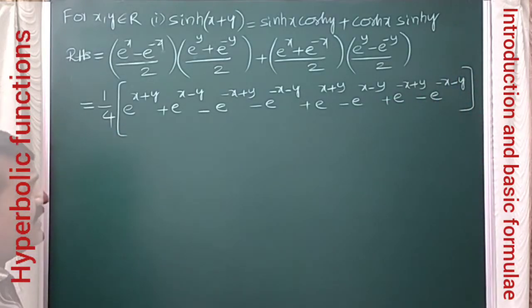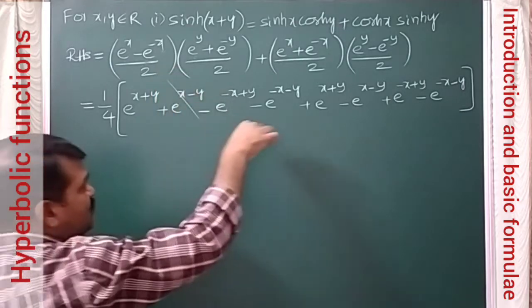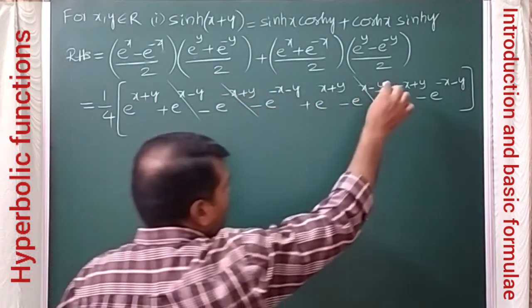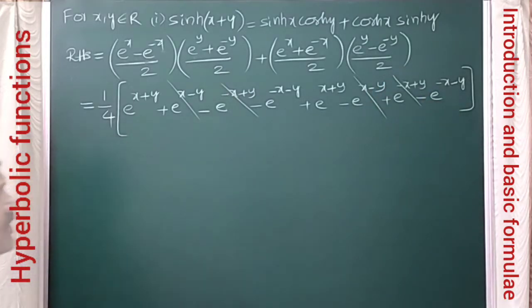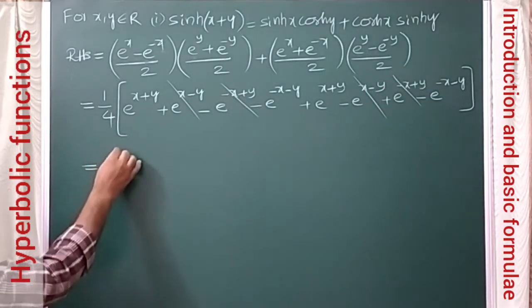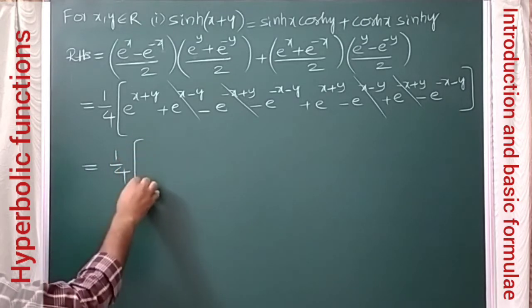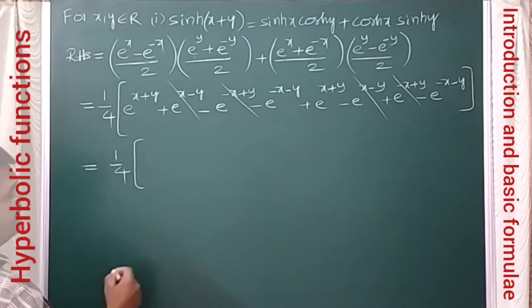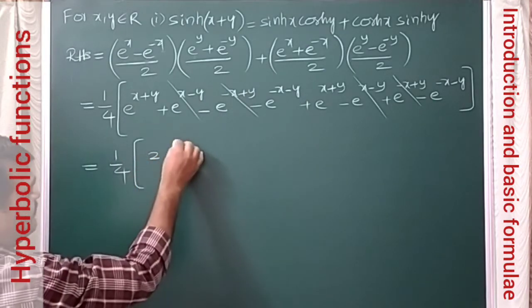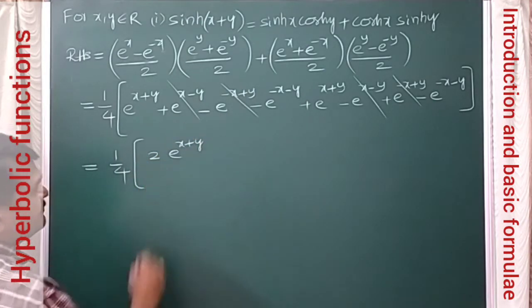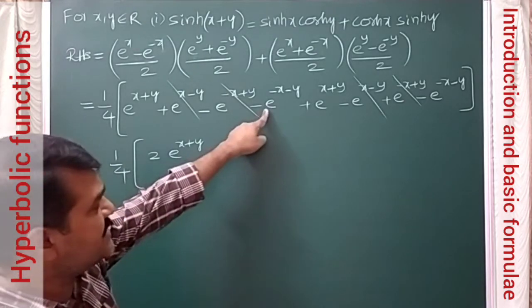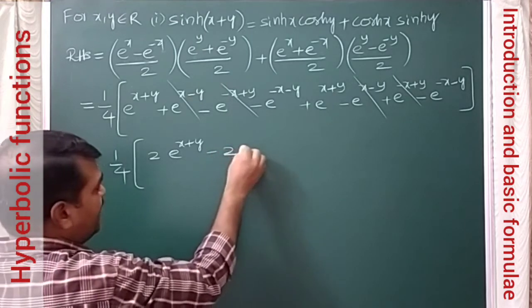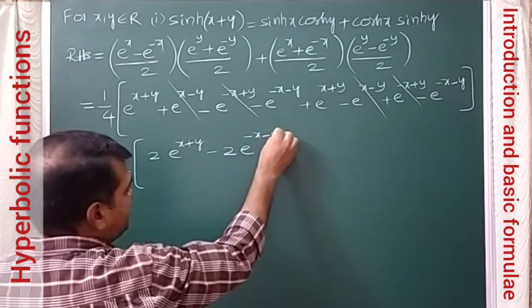So now you can see that I can cancel out these two terms and I can cancel out these two terms. What is left now? It is 1 by 4. e power x plus y is occurring twice, so 2 times e power x plus y, and even this term is occurring twice, so minus 2 times e power minus x minus y.